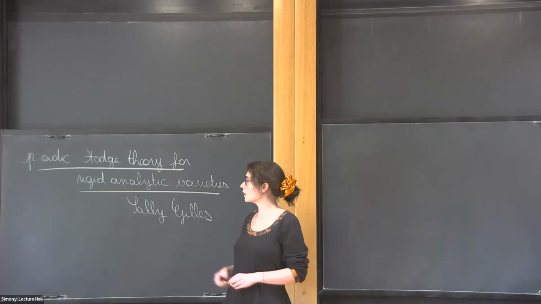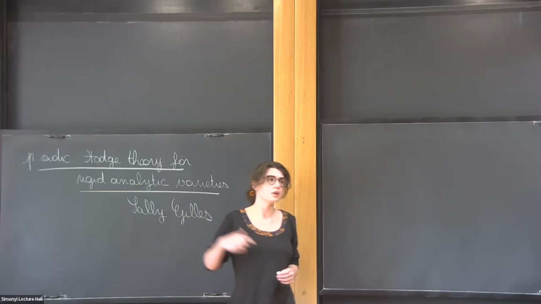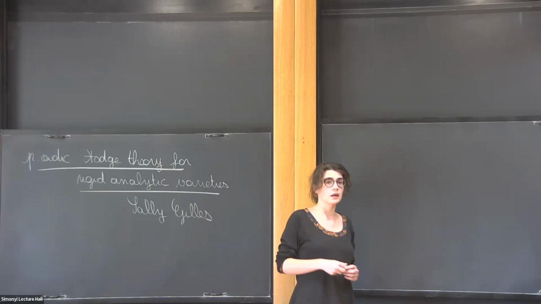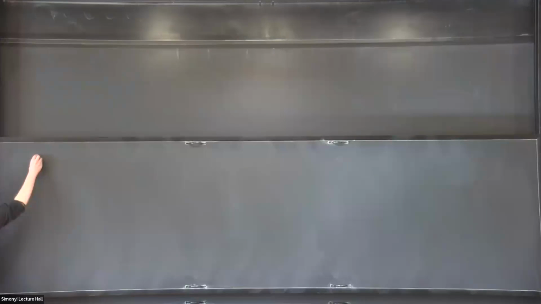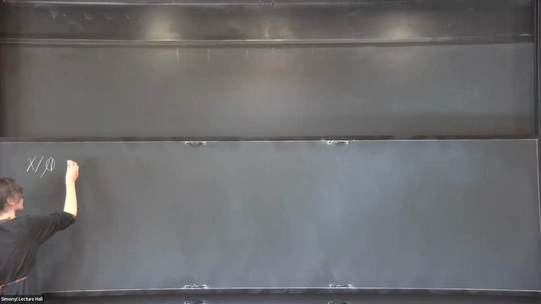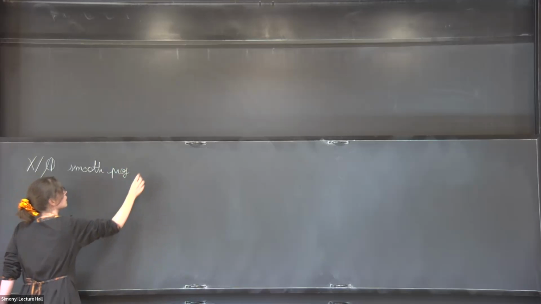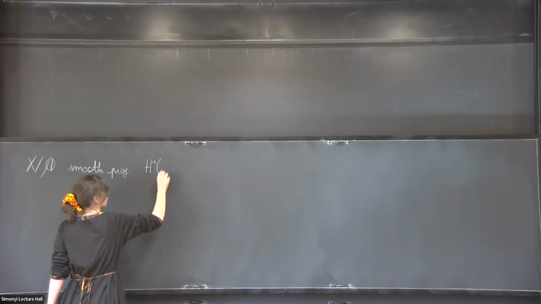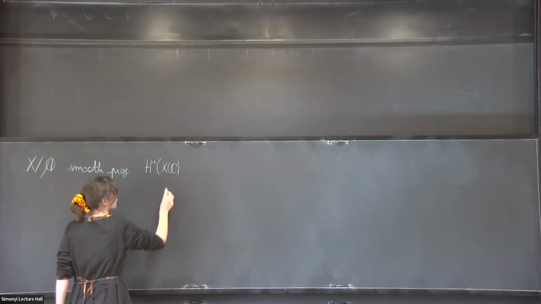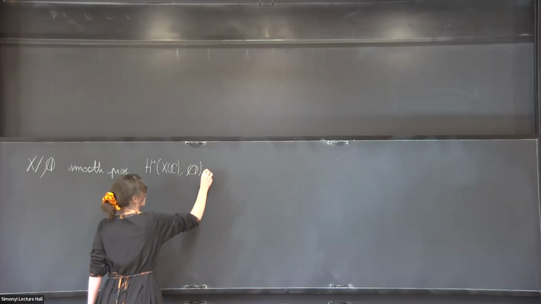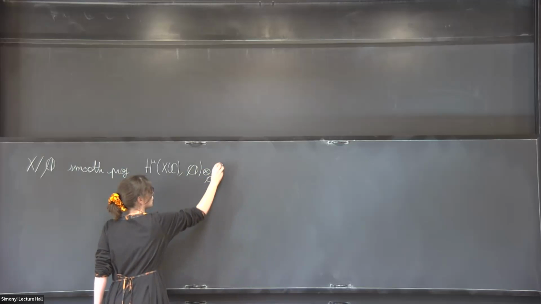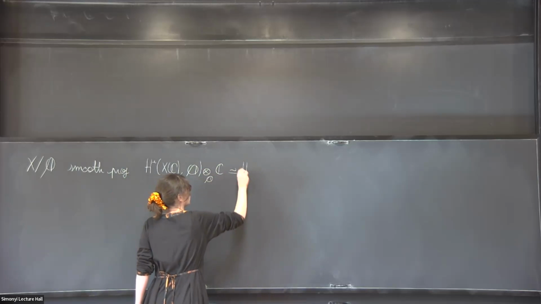So before going to the p-adic setting, I would like to recall a result that has already been stated. When we have X, a variety over Q, which is smooth and projective, the homology of X_C over C is isomorphic to its de Rham homology.